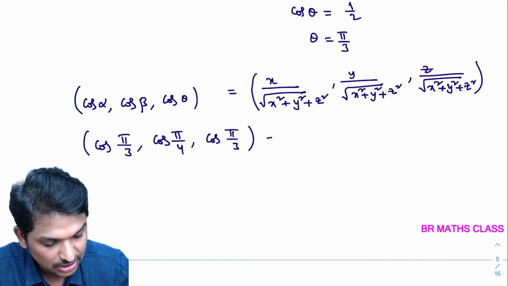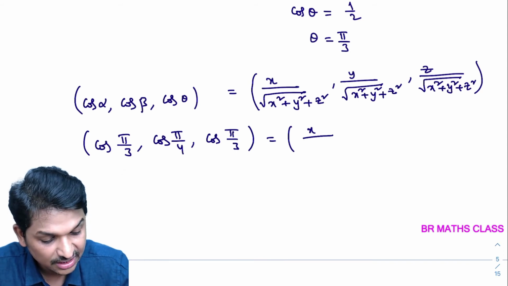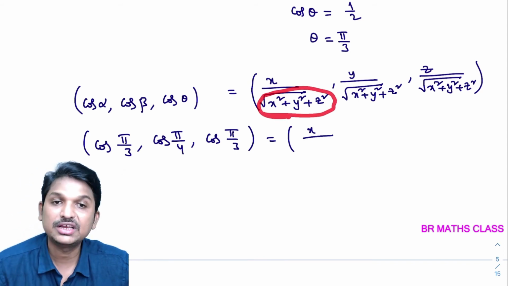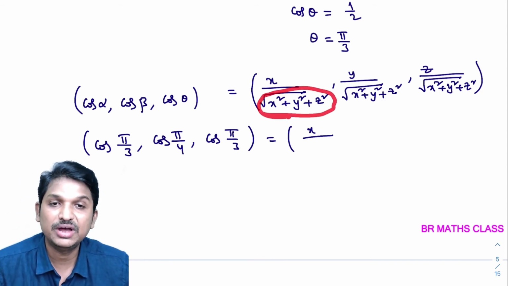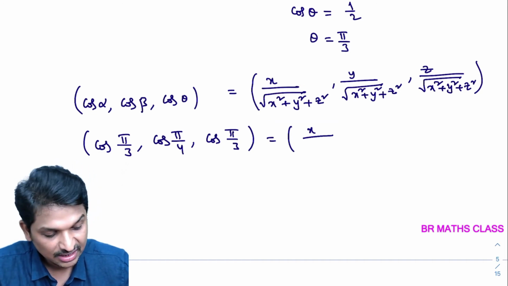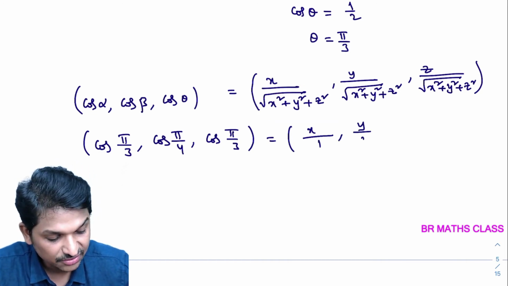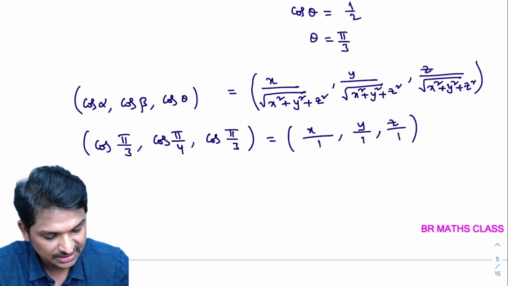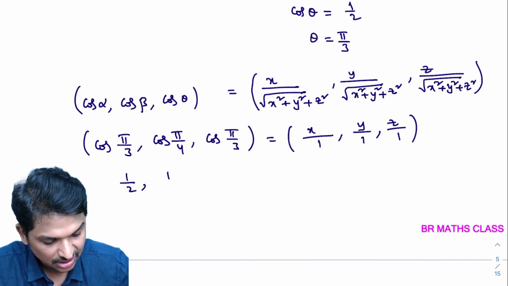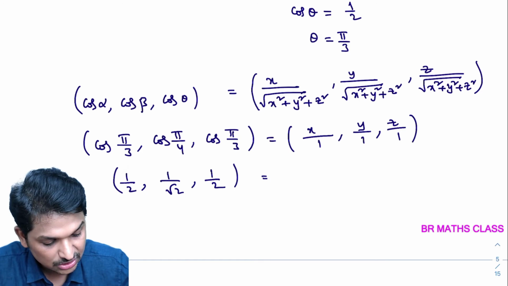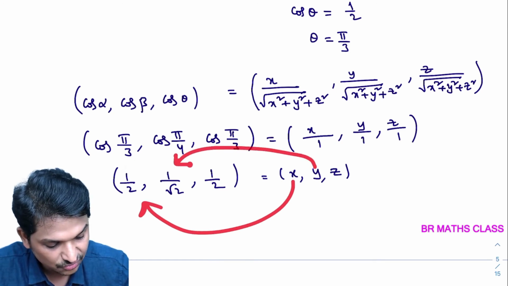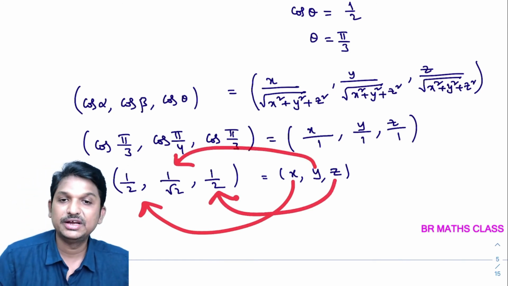Pi by 3 equals, look here, X divided by root over X square plus Y square plus Z square. As they gave A bar as a unit vector, this value is 1. X divided by 1 comma, Y divided by 1 comma, Z divided by 1. So what will you get here? Cos pi by 3, cos 60 degrees, 1 by 2 comma, cos pi by 4, 1 by root 2 comma, cos 60 degrees, 1 by 2 equals X comma, Y comma, Z. So X is 1 by 2, Y is 1 by root 2, Z is 1 by 2.